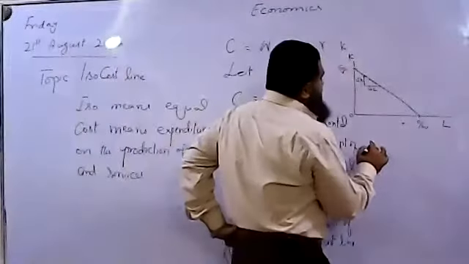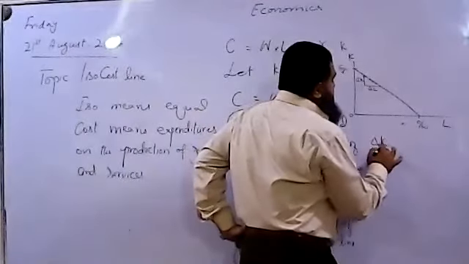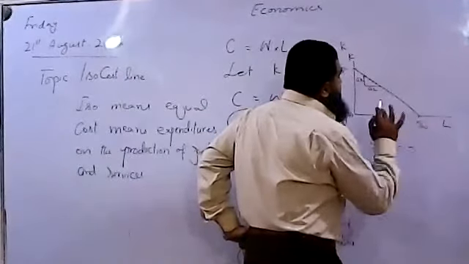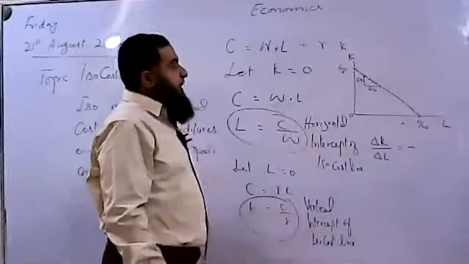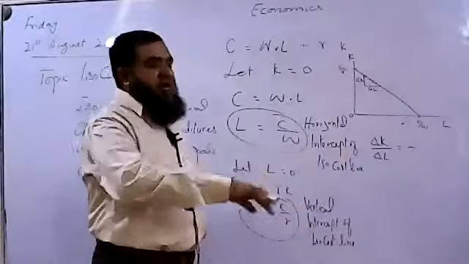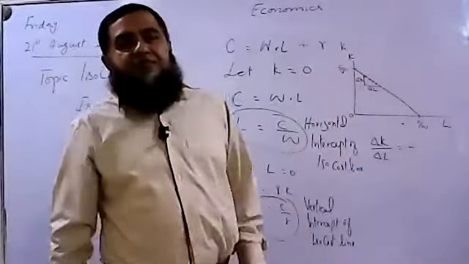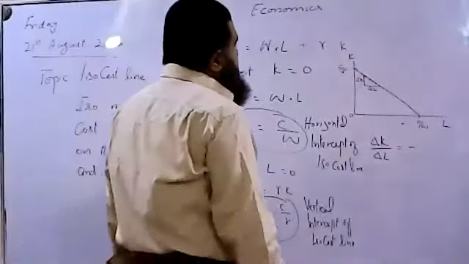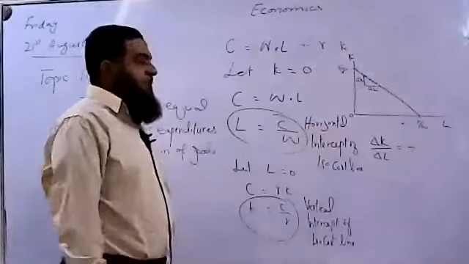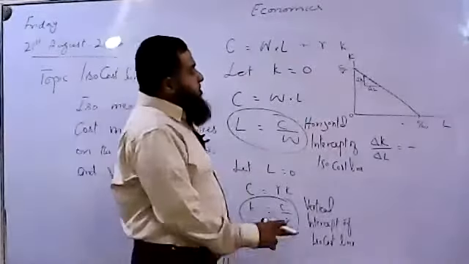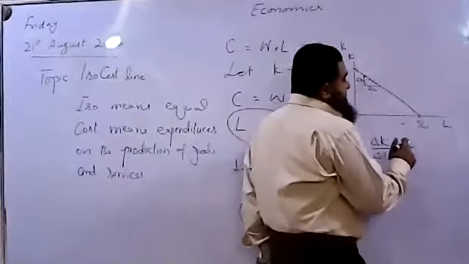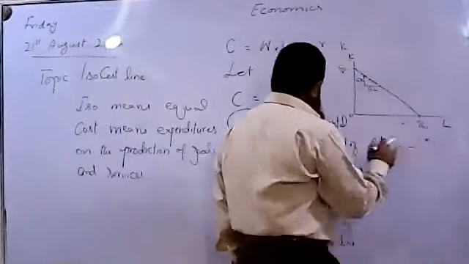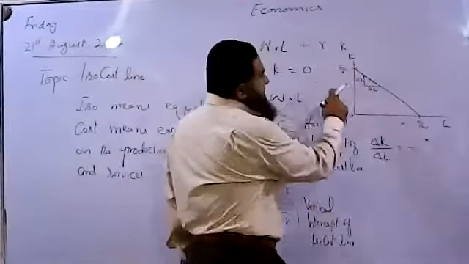How can we find the slope? Change in capital due to change in labor. We said it is negatively sloped. Like if labor is increasing, capital will be decreasing. Both are inversely related. If labor is decreased, capital can be increased. So it is negatively sloped. Now, it's equal to, what is the vertical intercept?